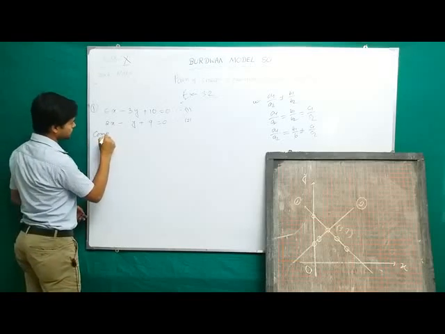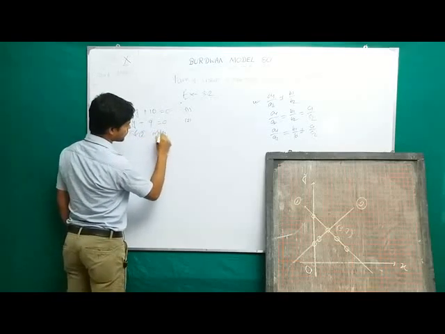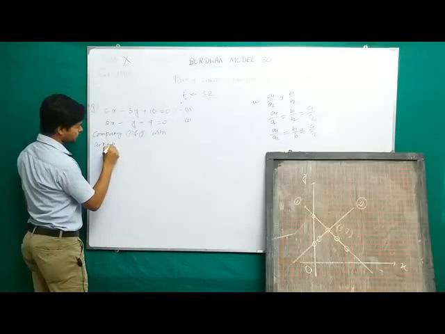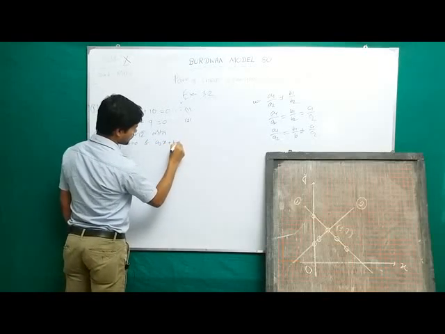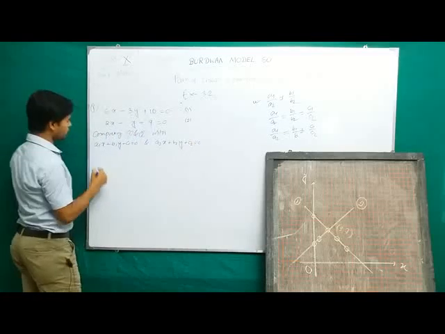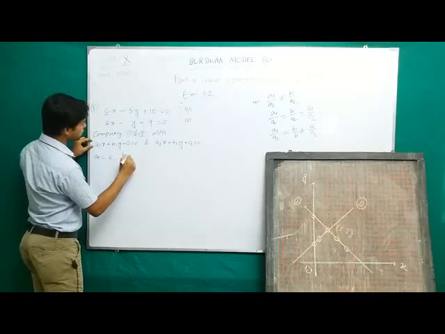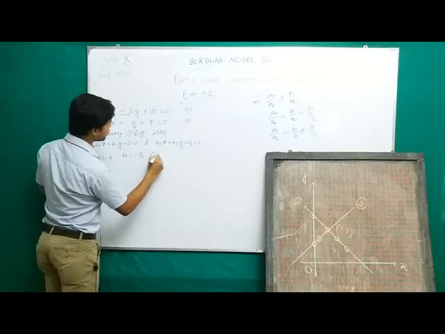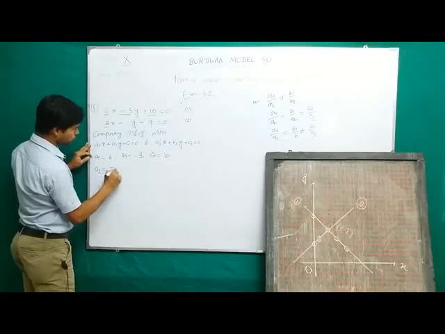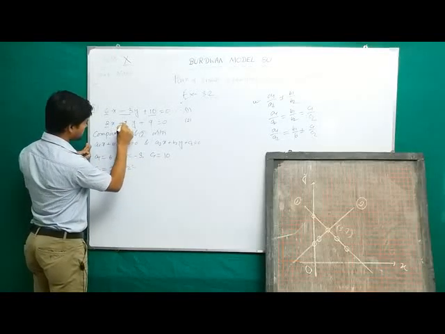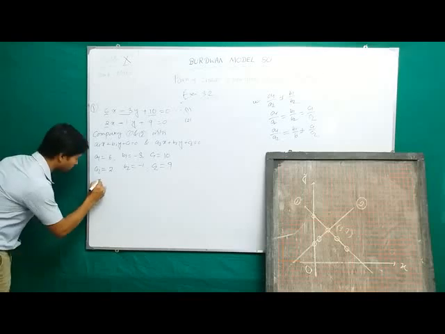So comparing 1 and 2 with a1x plus b1y plus c1 equal to 0 and a2x plus b2y plus c2 equal to 0, we have a1 equal to 6, b1 equal to minus 3 and c1 equal to 10. a2 is equal to 2, b2 is equal to minus 1 and c2 is equal to 9.